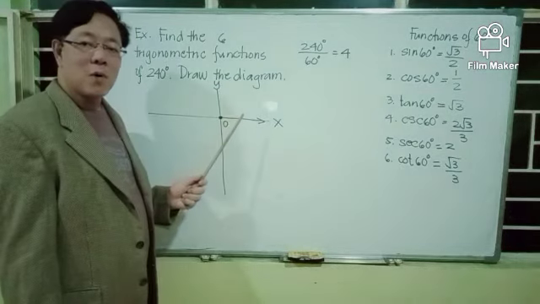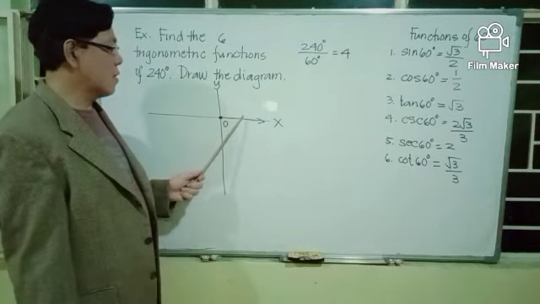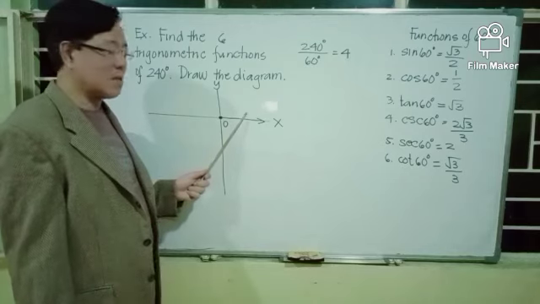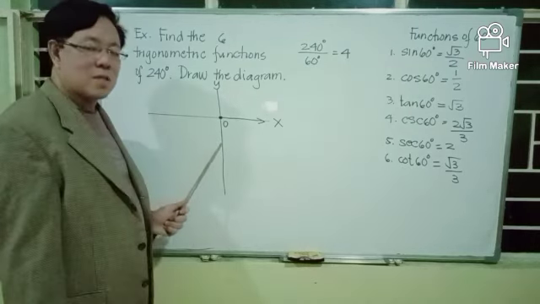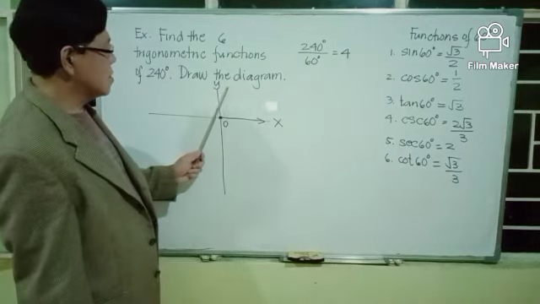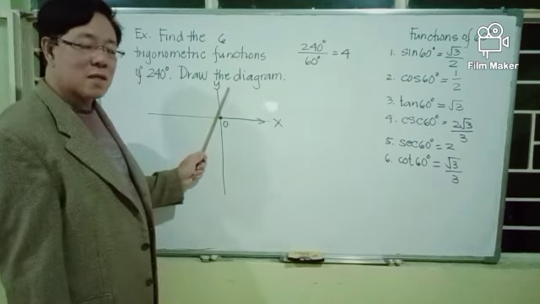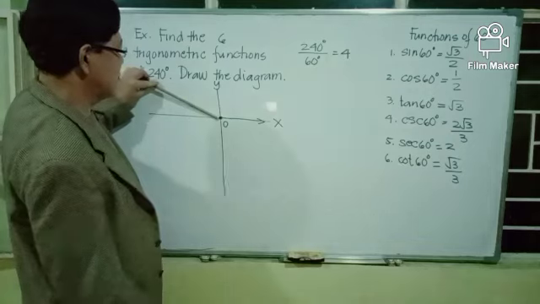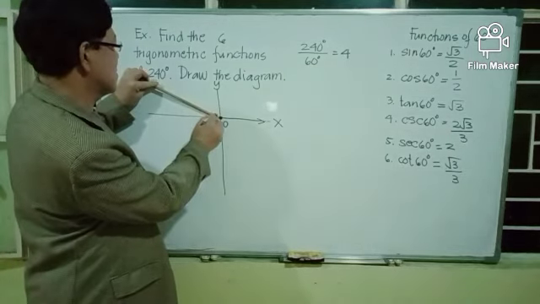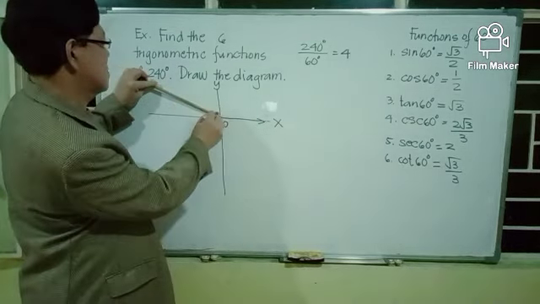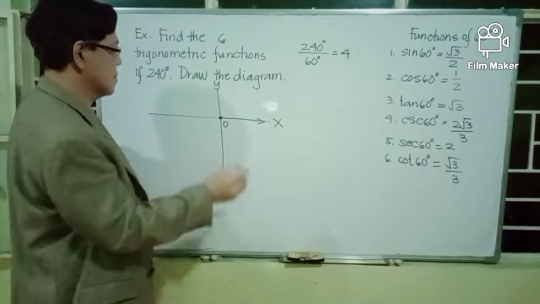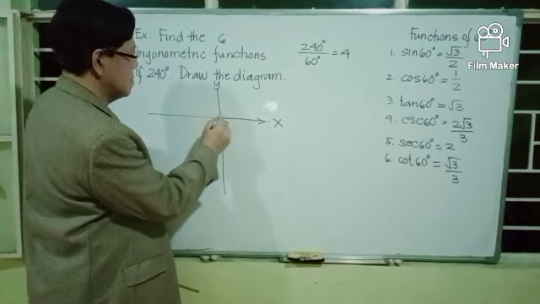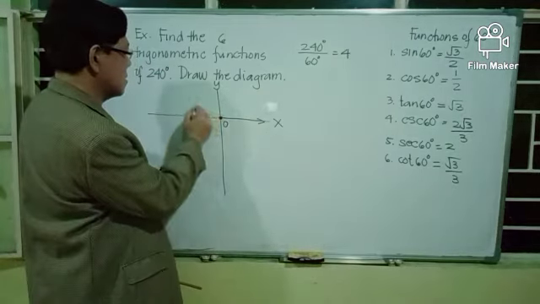So we count 4 60-degree angles from the positive x-axis in counterclockwise direction. This is approximately 60 degrees, and another 60 degrees will be this angle. We have 60, 60.